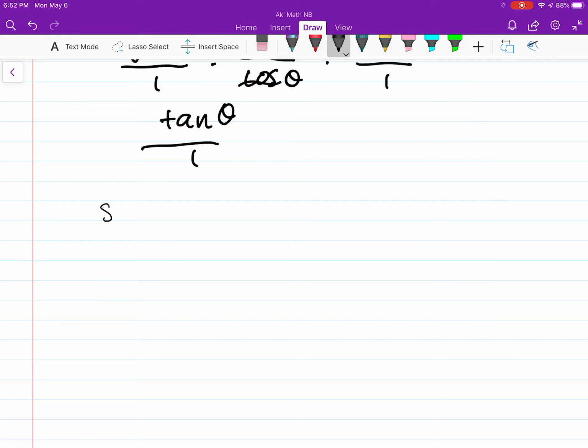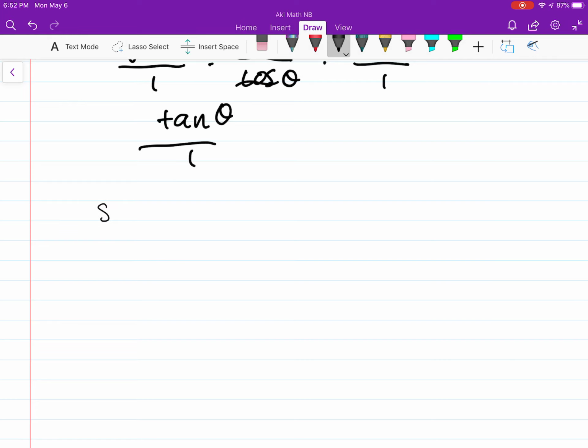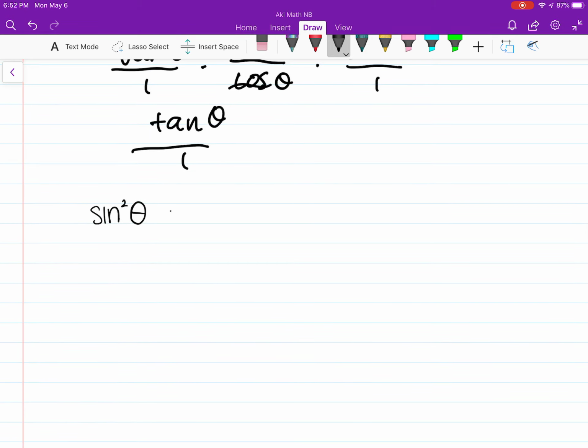So we've got here, what is it? Going to number 10. Sine squared theta, sec theta, cosecant theta, sorry. I forgot what sine squared theta is.